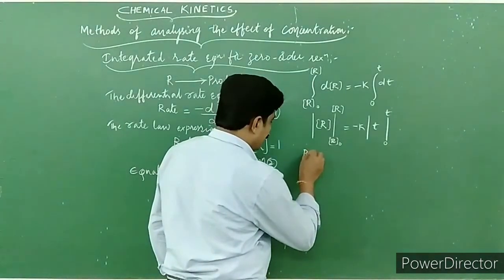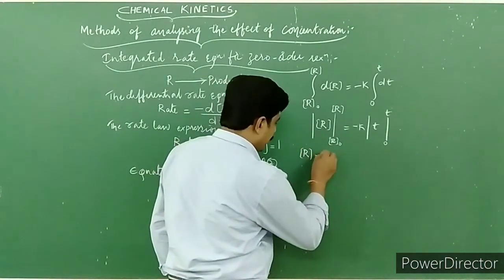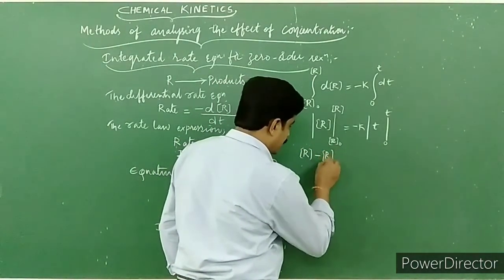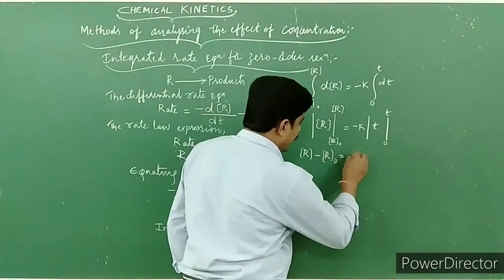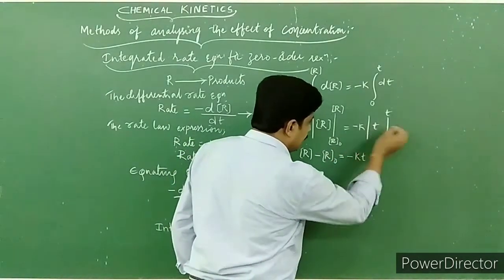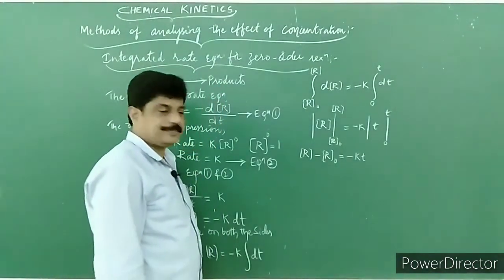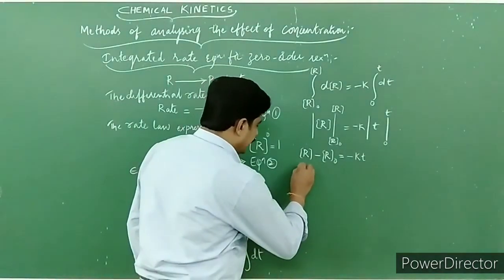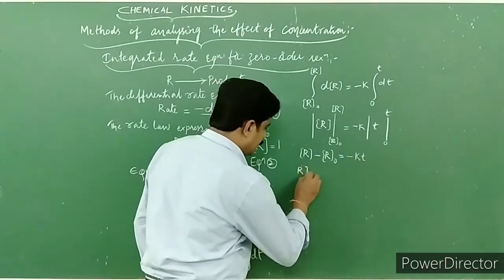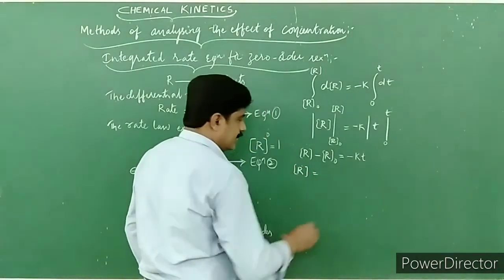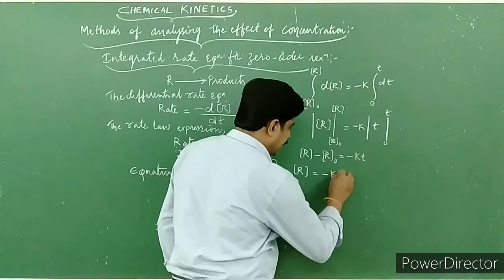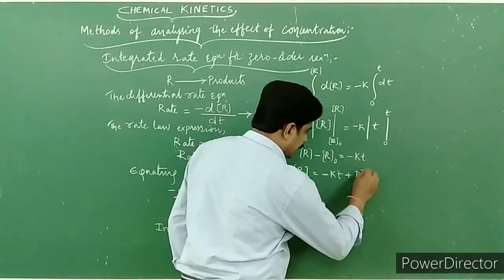Look at it, children. Concentration of R minus the concentration of R naught is equal to minus k into t, because t minus 0 is nothing but t, so I write directly minus kt. Children, look at here. I rearrange: R is equal to minus kt plus R naught.